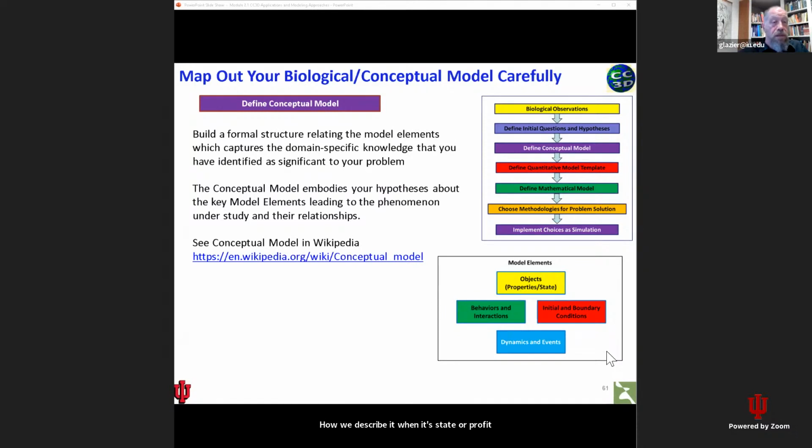If we're going to have cells, we need to know where are they? What kind of cells do we have? What are the properties of those cells? How are they different from each other? Are the cells going through cell cycle? How do we define the cell cycle? How do we define its control? What are the behaviors we care about?